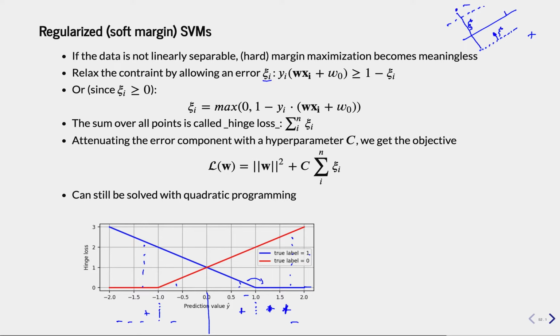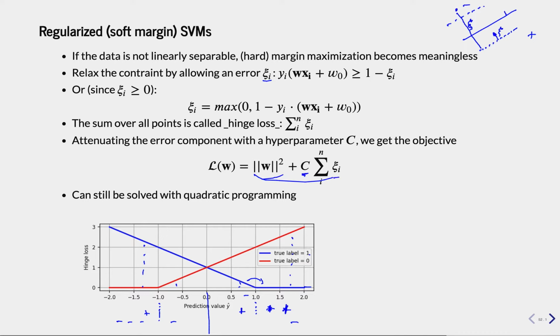And then, assuming we want to both maximize the margin and minimize the number of errors, this is then our final loss function. And again, we want to attenuate this with a hyperparameter C, which is like a cost for how much we want to weight these errors.